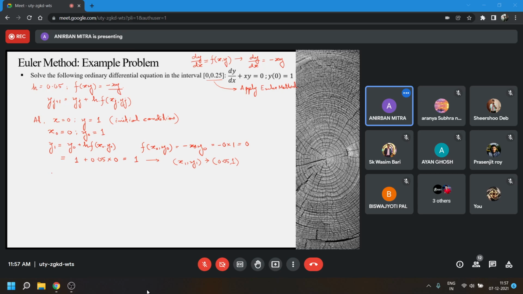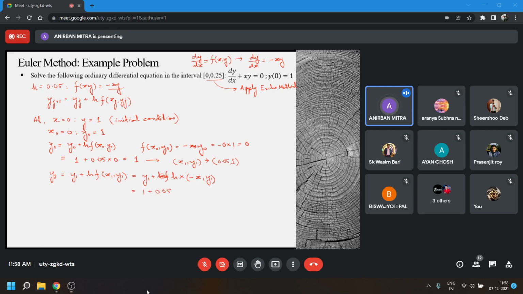So we go for y2. And this is going to be y1 plus h into f of x1, y1. That is y1 plus h into f of, let me just write it as minus x1 y1. y1 is known, that is 1.